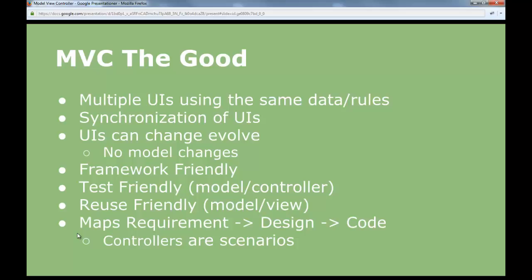If you're really good, you can also test your controllers by mocking your model and your view. Views are often a little bit more hard to test because, at least automatically, in many cases they require some kind of visual checking of, oh, did this really render as we thought it would.